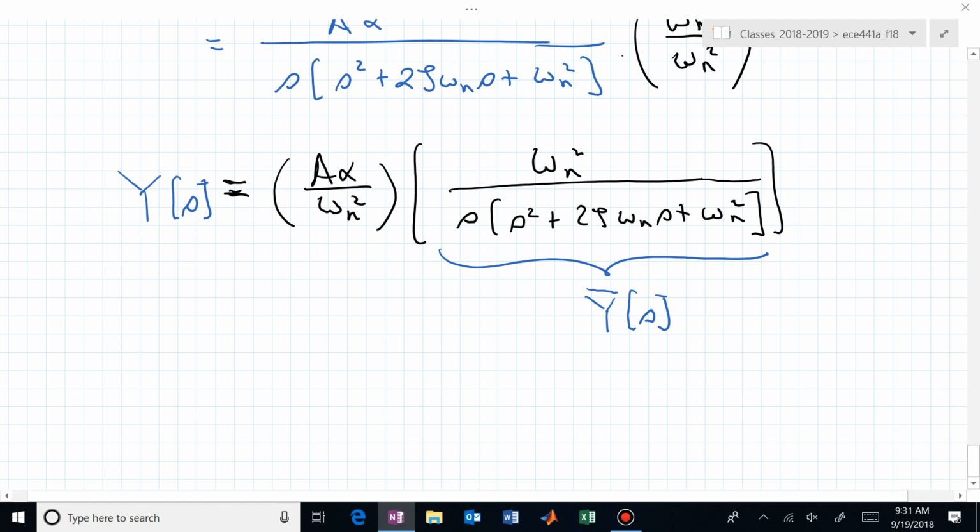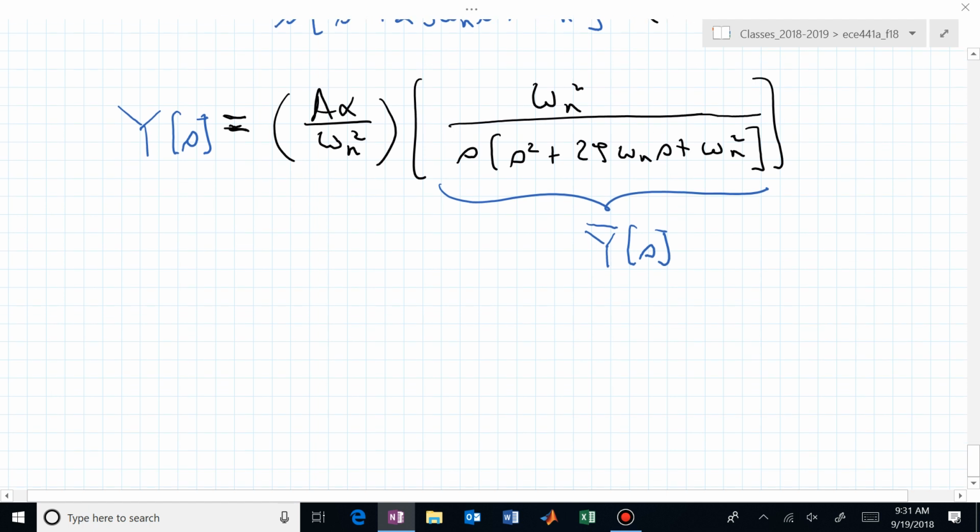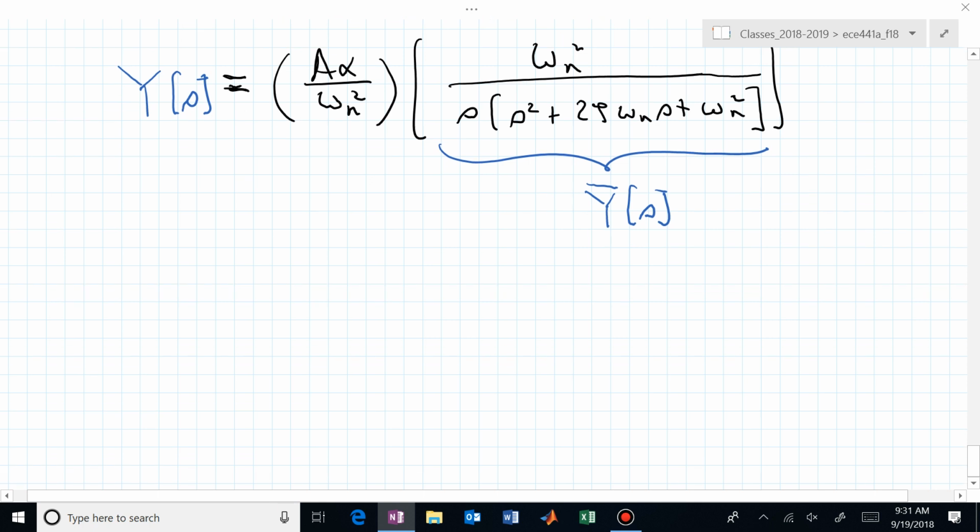So if we inverse Laplace transformed y bar of s and looked at its final value, we'll see that y bar goes to 1. So we've normalized our mess, so that now if we look at just y bar, we don't have to worry about all of the different values that it could potentially go to. It's just going to eventually go to 1.